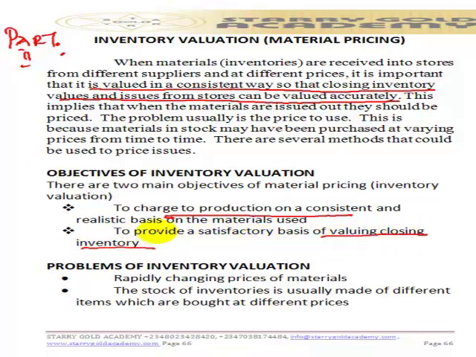However, the problems of inventory valuation will be the rapid changing prices of materials. 2. The stock of inventories is usually made of different items which are bought at different prices. Like when we talk about materials, we have companies that sell, let's say, cement, rice. They can have cap rice, lake rice, this rice, that rice.